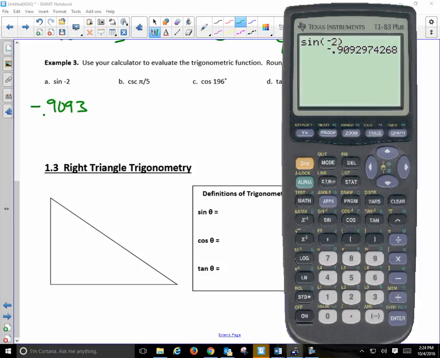So instead of doing cosecant of pi over 5, I do 1 over the sine of pi over 5. That's what my calculator has as an option. It doesn't have a cosecant button, so I have to do 1 divided by.